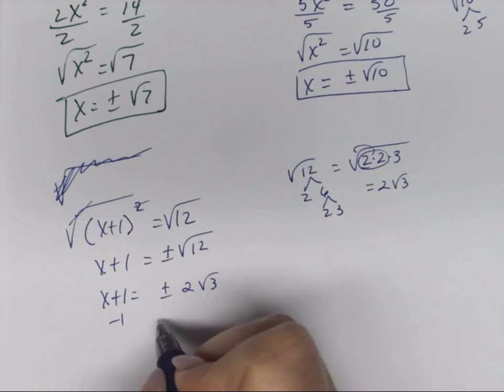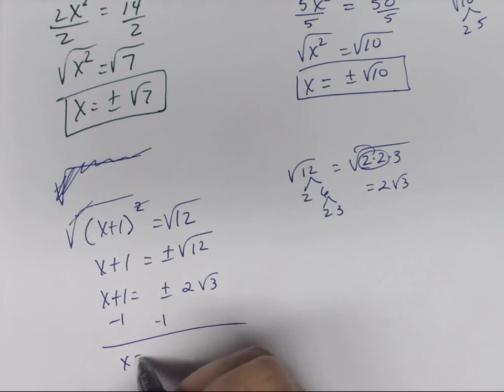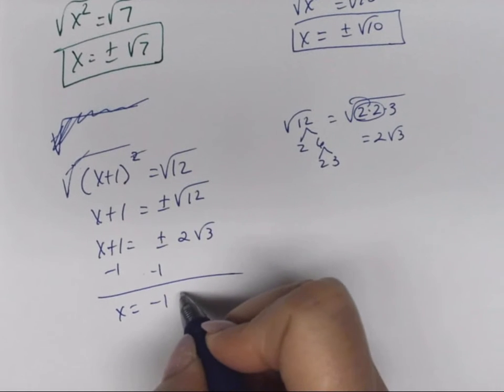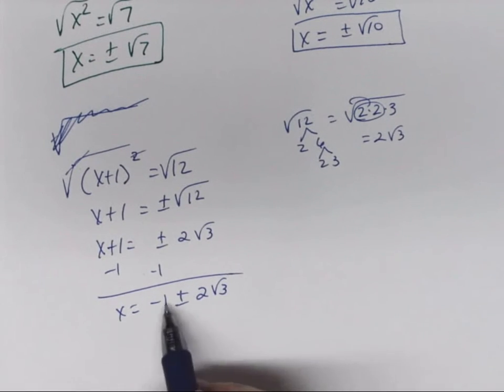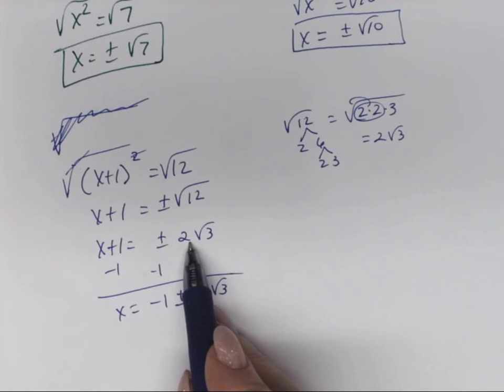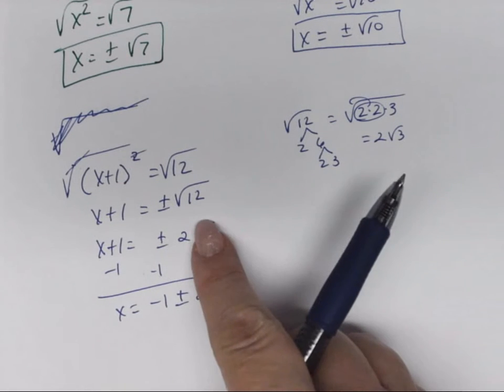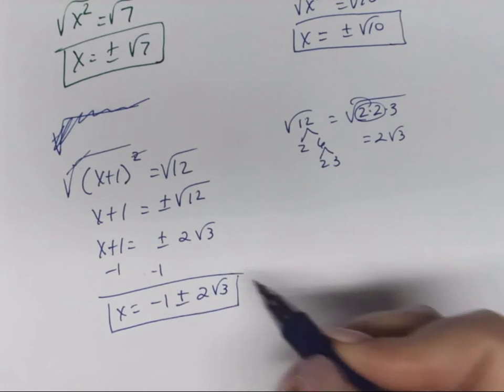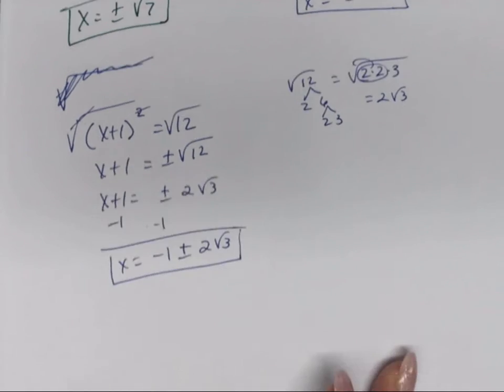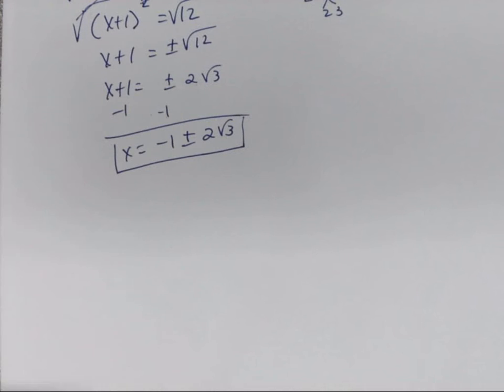We're going to subtract 1 from both sides and get x is equal to negative 1 plus or minus 2 square roots of 3. You cannot combine that negative 1 with the 2 because this is like if it had an x on it. This does not, so you can't combine them. This would be your final answer. So do be careful about that when you bring them over and you already have some numbers.